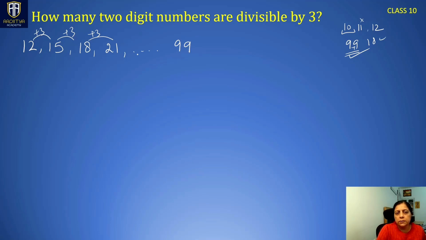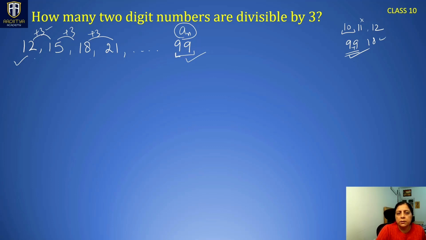Now the sequence is this, and we also know the last member of the sequence. What we have to calculate is how many two-digit numbers there are. That means we have formed this sequence and we have got the first term, common difference, and the last term of the sequence. So this is the general term. We don't know at which number this 99 will appear in the sequence, so we have to find how many numbers there are.